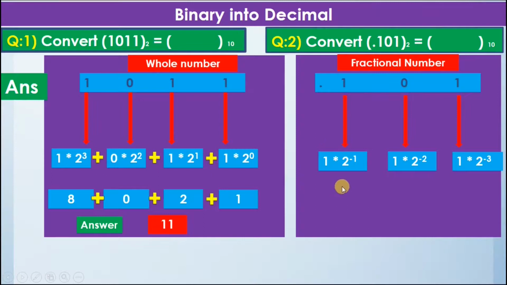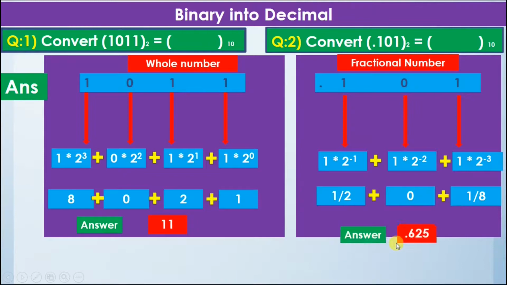After multiplication, we add all of them together. 2 raised to power minus 1 into 1 is equal to 1 by 2, or 0.5. Next, 2 raised to power minus 2 into 0 is equal to 0. Next, 2 raised to power minus 3 into 1 is equal to 1 by 8. We add them all together and get the final answer as 0.625.